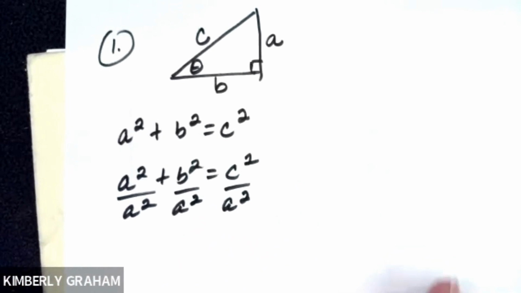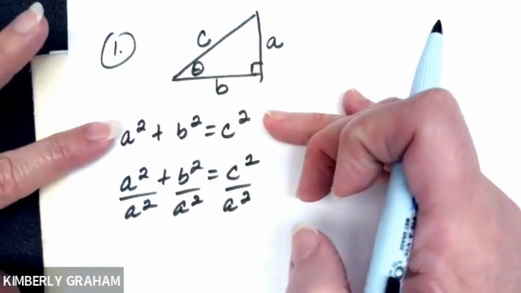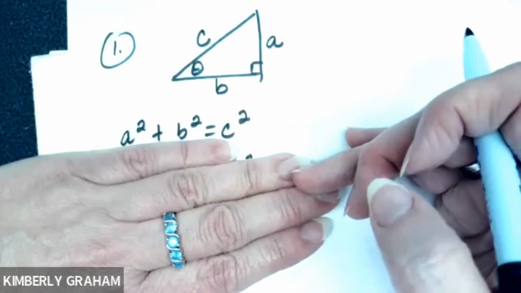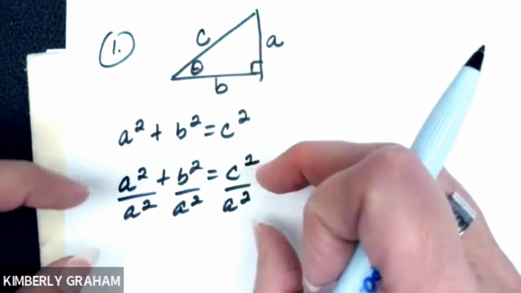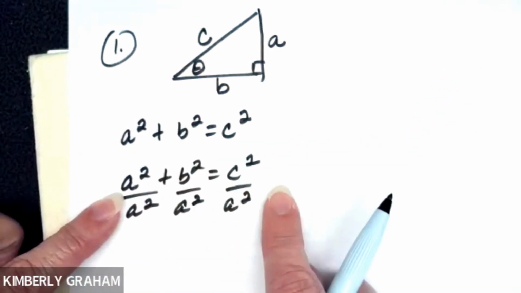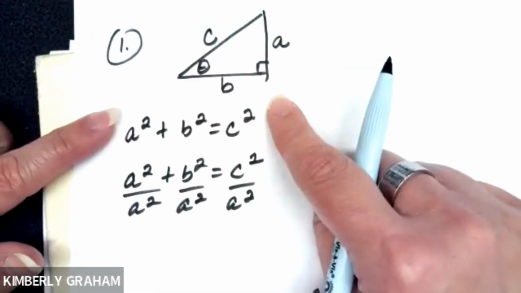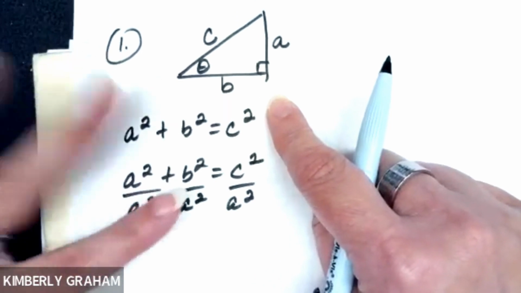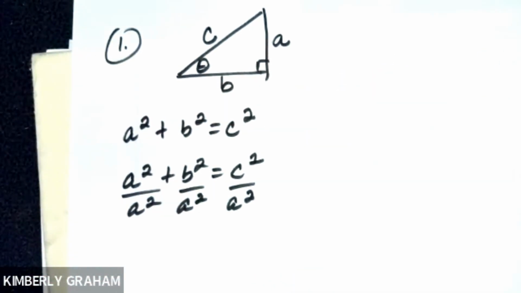Now, one thing I want you to notice is that I have my Pythagorean theorem here. That's my first step. And then I come down here and I then divide by A squared. I don't do that to my first step, right? So take the time to be sure you write out both of those steps.